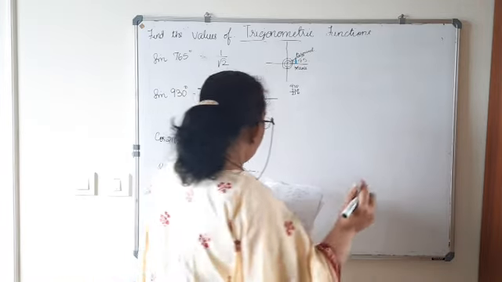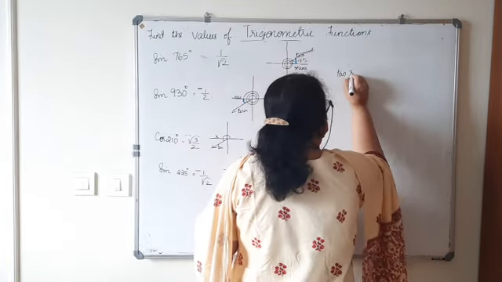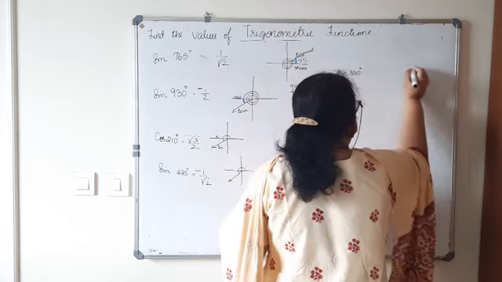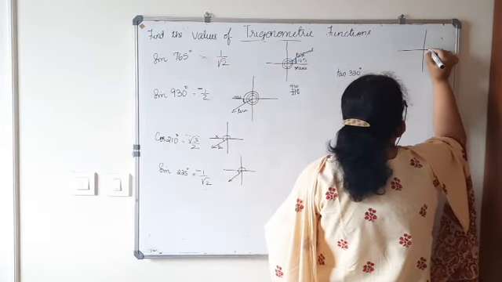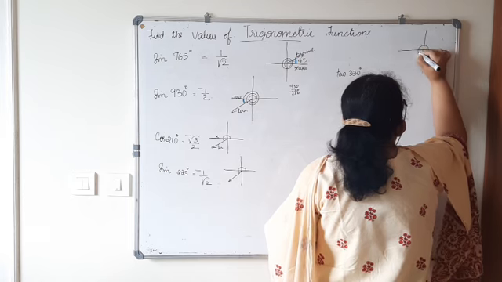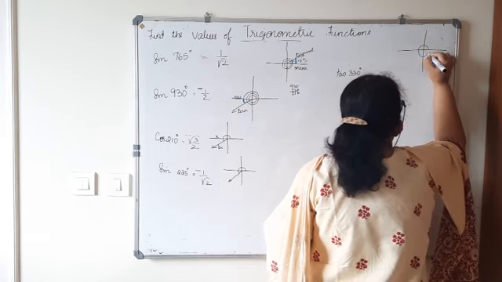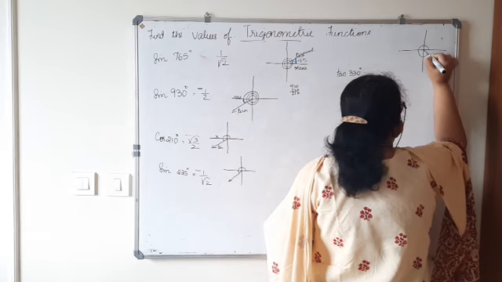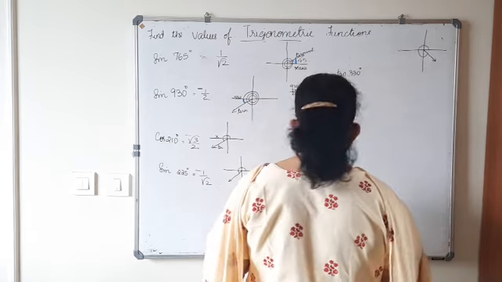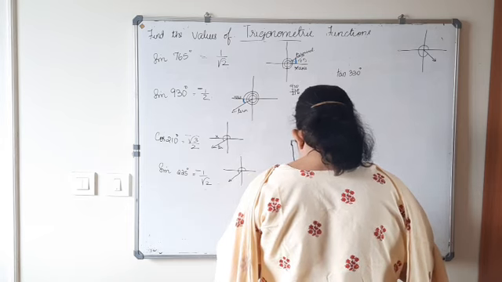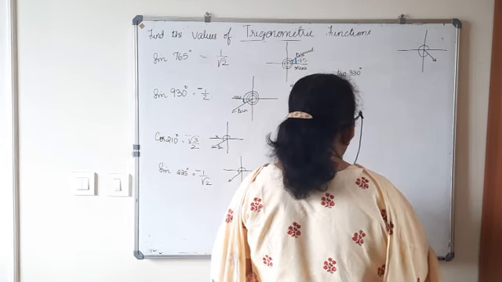Tan 330. 180, 270, 270 plus 60. But here you have to find the angle between the terminal side and the x-axis.